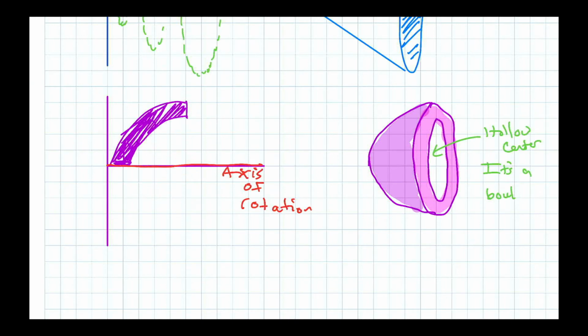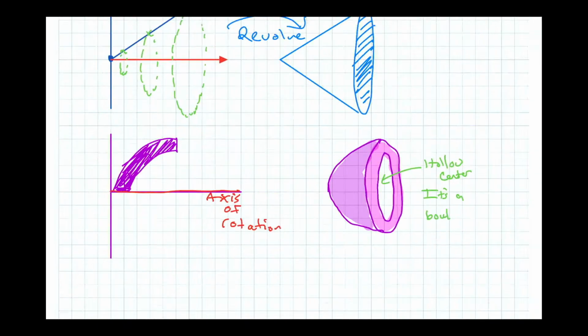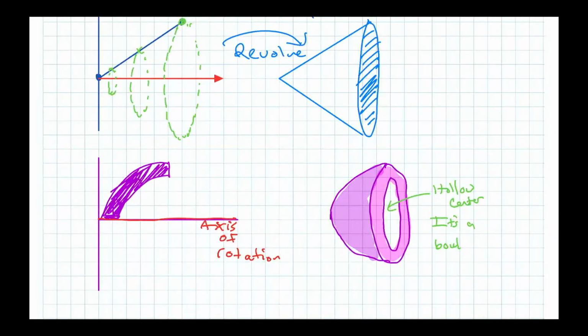So in the middle, if you rotate this around the axis, there's still nothing there. But if you rotate this part where there is something around the axis, then you get the edge of the bowl. So I think that hopefully makes some kind of sense as far as what kind of shapes we're going to be getting.